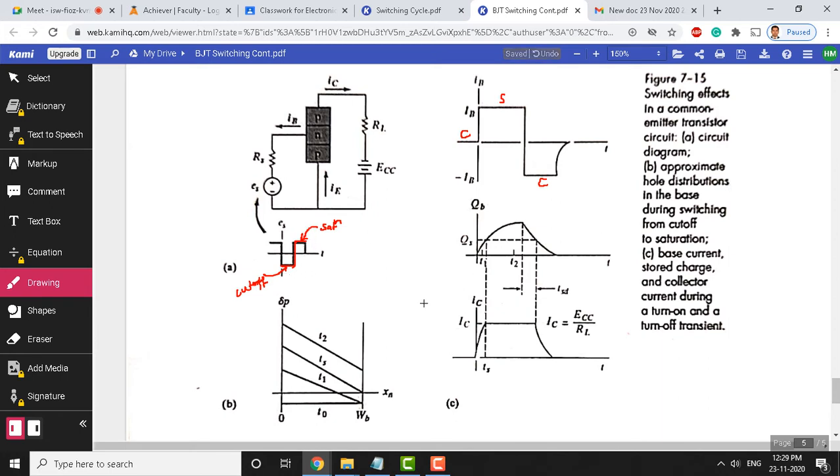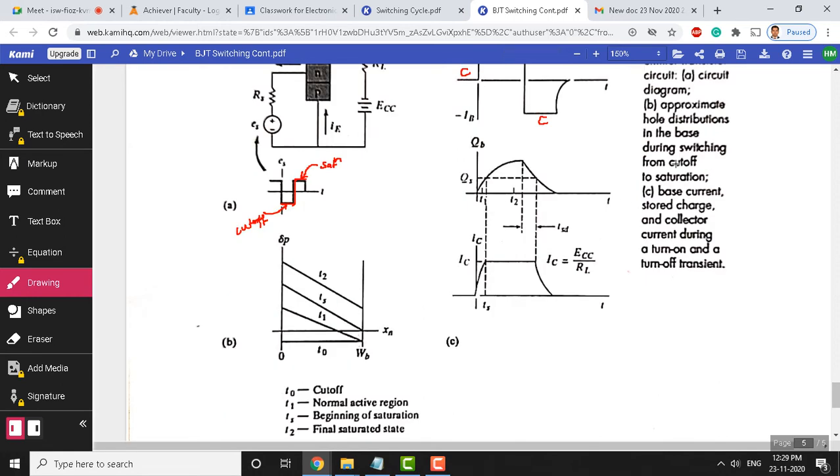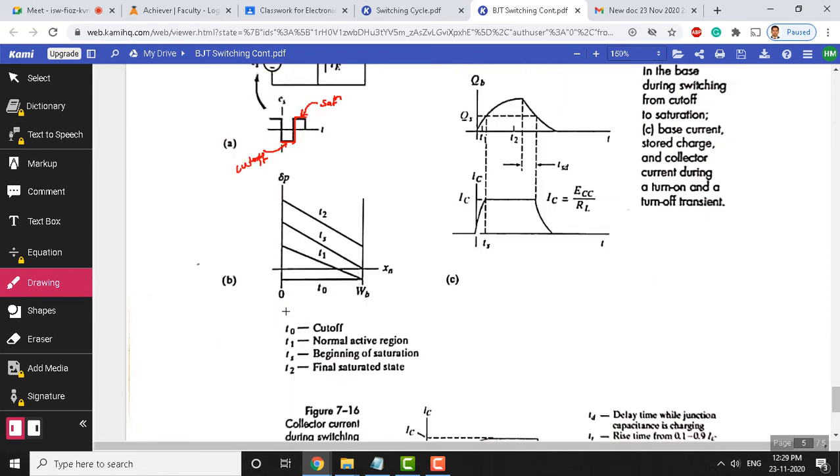And here, figure B, what you are seeing, is an approximate hole distribution in the base during the switching from cutoff to saturation. We know the various timings here; T naught indicates the cutoff. Under T naught, there is no hole distribution, which is cutoff. We do not apply voltage between the emitter and base, and the collector and base, both are reverse biased.